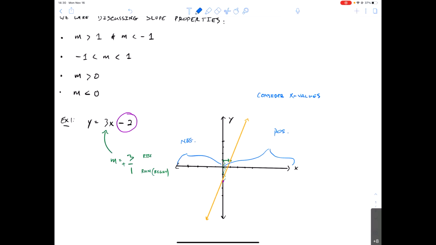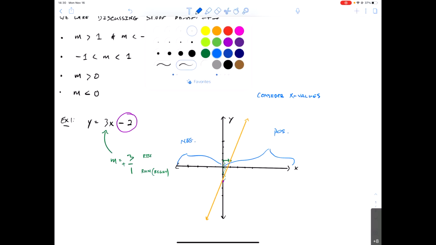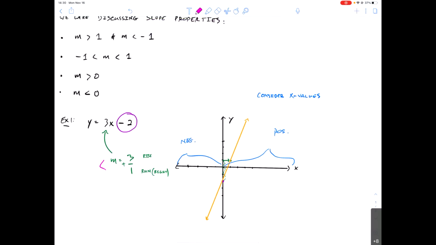What do you notice about this slope of 3 over 1? This is greater than 1. So that's the third bullet here. It's a positive slope, so it's this one, and it's also this one. This one had to do with positive because it had to do with the direction of the slope.